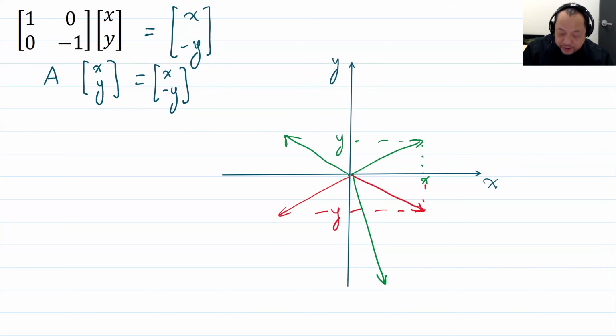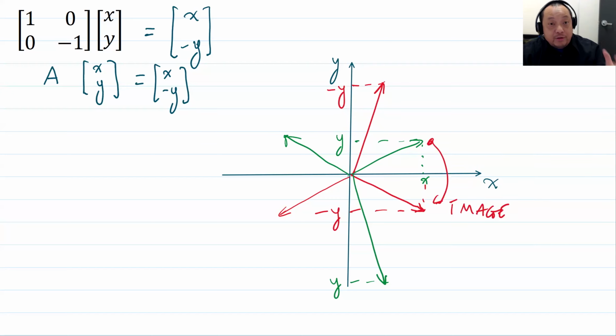Also true if I start with a y that is below the x-axis, then I will end up with an x comma negative y that is above the x-axis. For each of these vectors, by multiplying matrix A to it, I get an image of it that is the reflection across the x-axis.